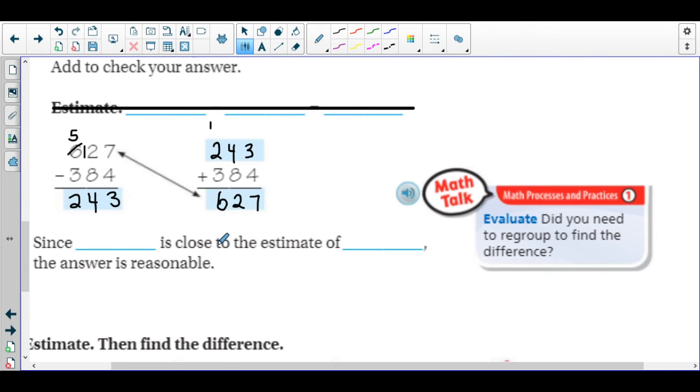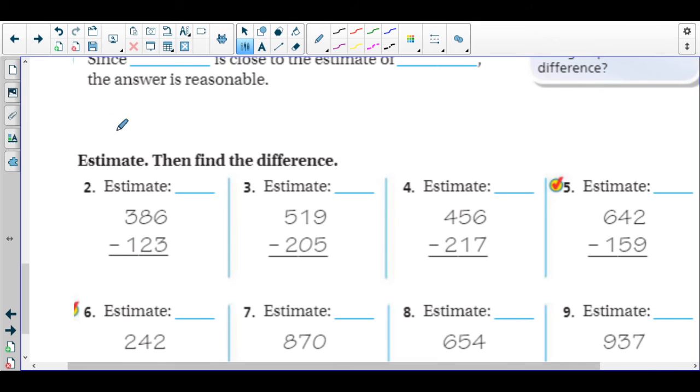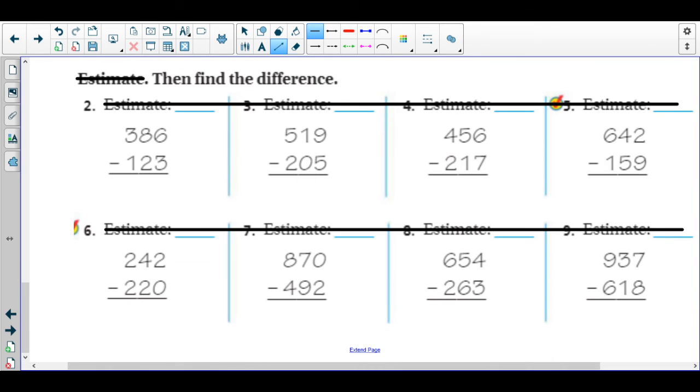All right. Moving along. Estimate, then find the difference. I'm not really needing you to estimate right now. So we won't worry about any of those. I just want to make sure that you have the computation down first.